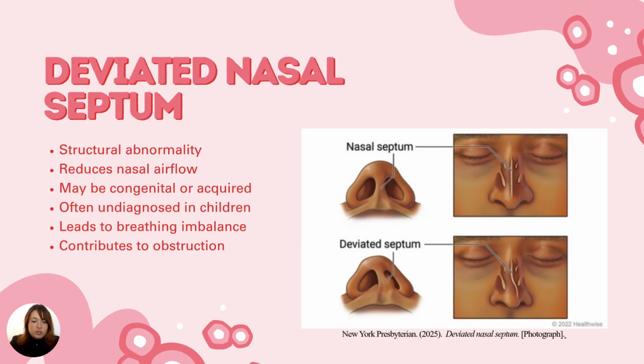It may be congenital or acquired, and often undiagnosed in children, and it leads to breathing imbalance and contributes to the obstruction. So on the upper graphic of the picture, we have the normal nasal septum. It is kind of hard to see straight on. That's why it's not as diagnosed with children.